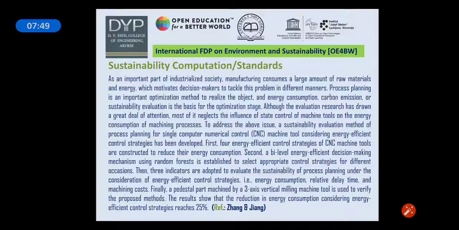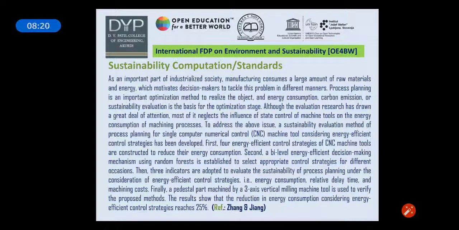Although the evaluation research has drawn a great deal of attention, most of it neglects the influence of the state control of machine tools on the energy consumption of machining processes. To address this issue, a sustainability evaluation method of process planning for a single computer numerical control, that is CNC, machine tool, considering energy efficient control strategies, has been developed.